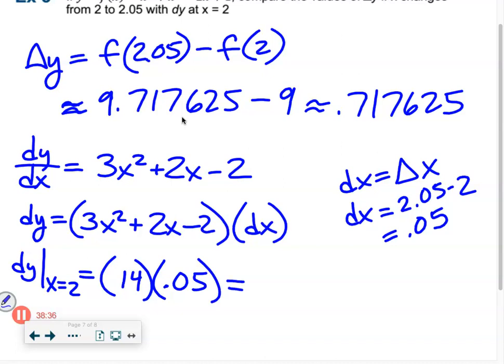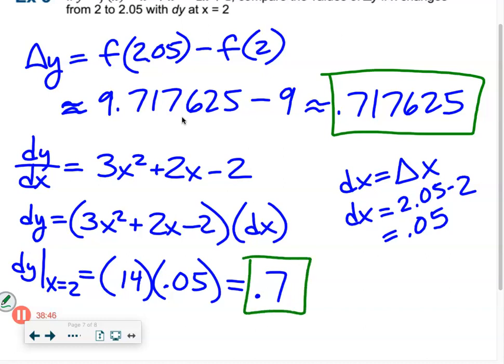And when you do that, you get 0.7. So your actual change in y was around 0.717. Your approximate change in y is around 0.7. They're pretty close. And so that's why we can use our dy to approximate changes in our output values on our function.